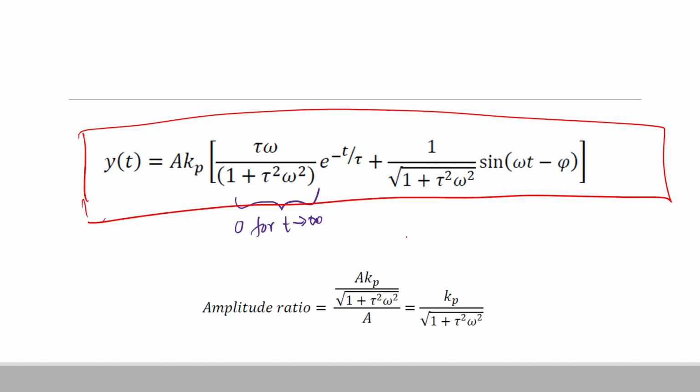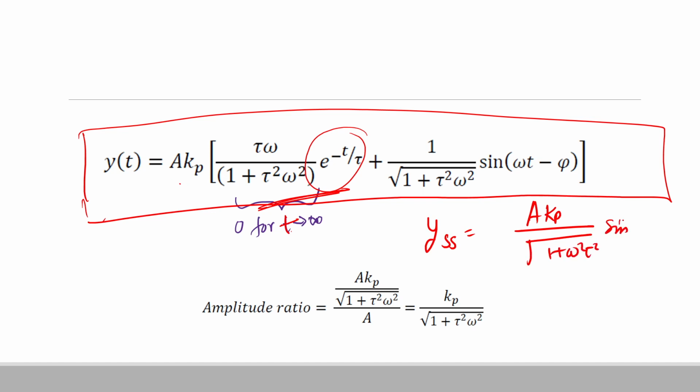Now in this equation, if we want to find the process gain or the amplitude ratio, we can see that as time tends to infinity, this entire term will become 0. That is, the steady state value of the system will now become A Kp upon square root of 1 plus omega square tau square, sine of omega t minus phi.